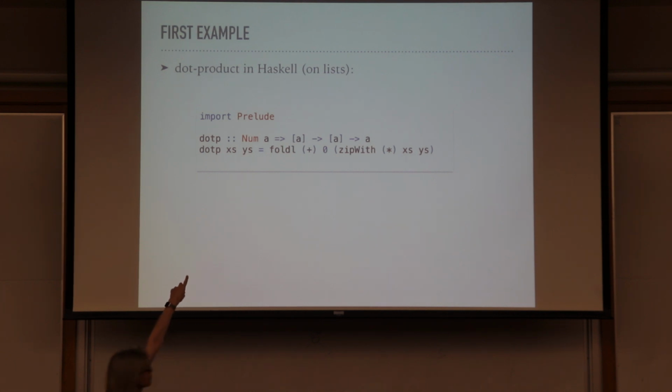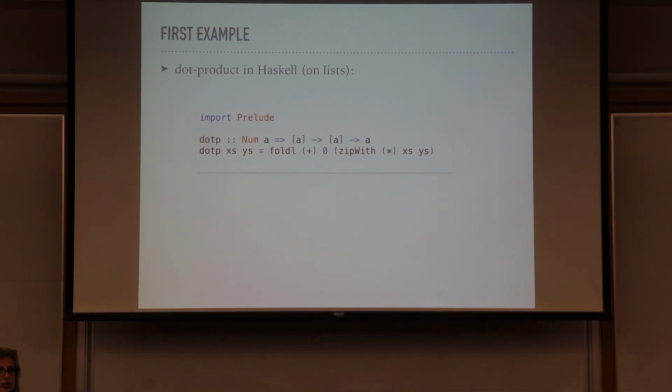I have import Prelude here, not because it's necessary. Prelude in Haskell is automatically imported and provides all the basic standard functions, but I just have this here to emphasize the fact that these are just the regular predefined functions.